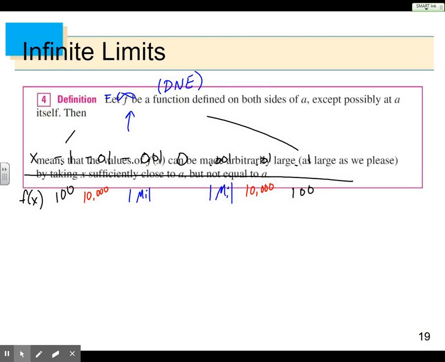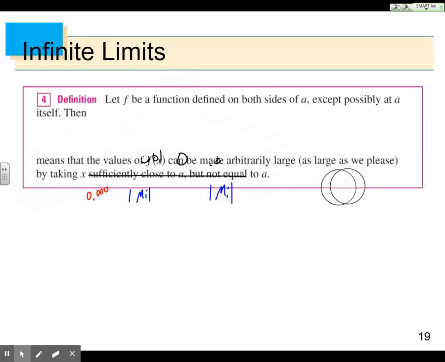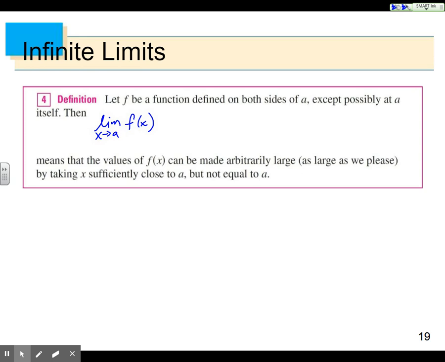Okay, so let's formally introduce ourselves to this. Let f be a function defined on both sides of a, except possibly at a. Then, if we get the limit of the function as x approaches a to equal infinity, that means that the values of f of x are getting arbitrarily large.